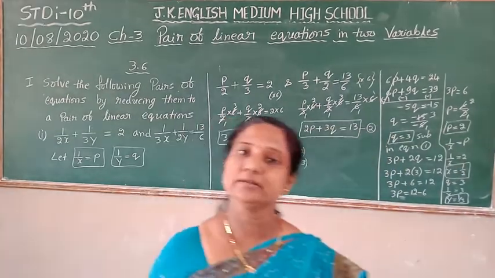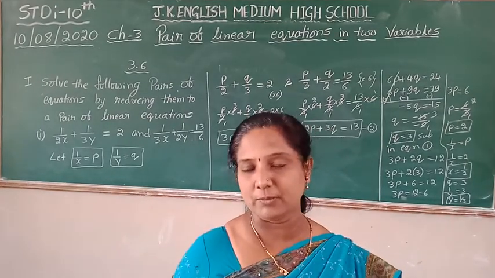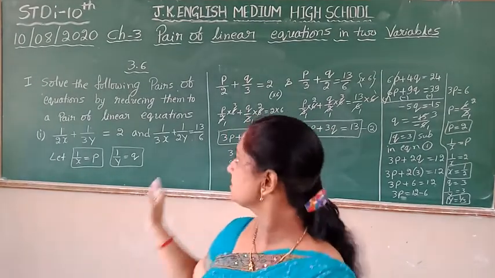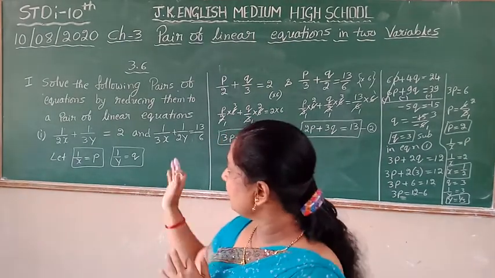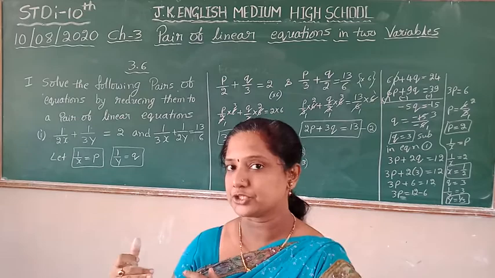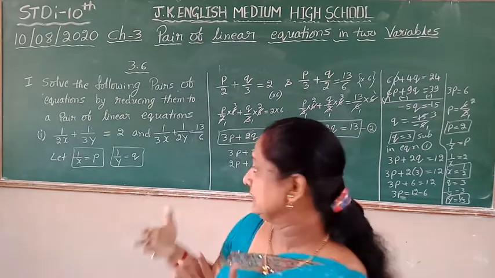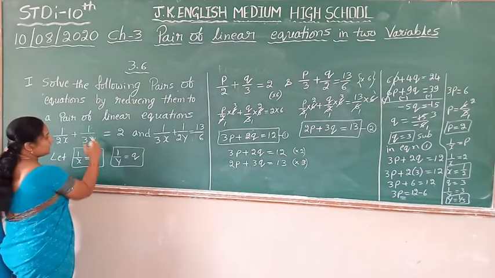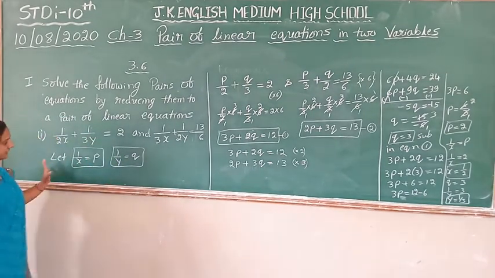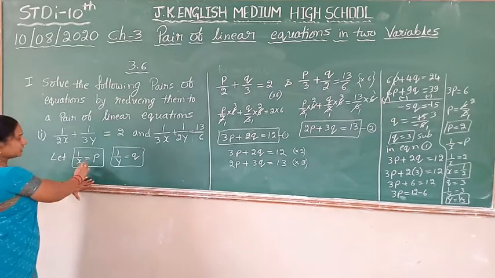Children, here they do not directly give the general form of two linear equations in two variables. They gave it in a form where the x variable and the y variable are in the form of fractions, so we cannot easily simplify. So let 1 by x be p and 1 by y be q, and we write the equations after taking it this way.